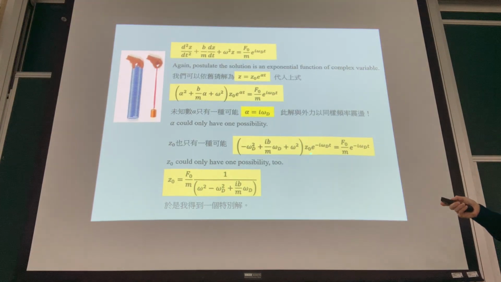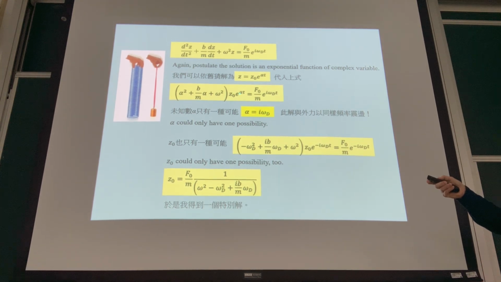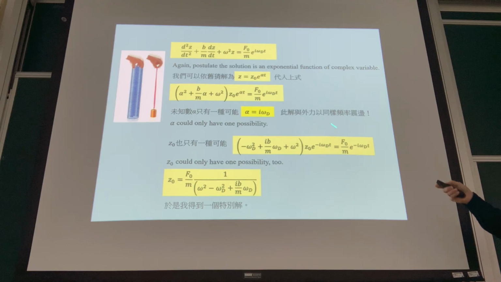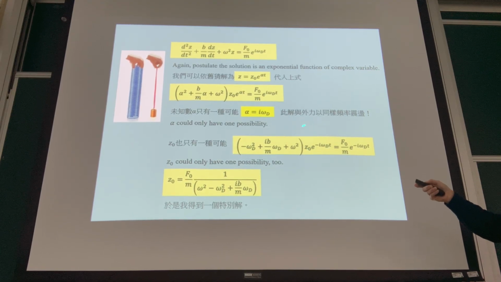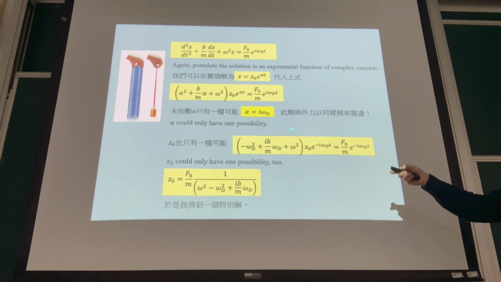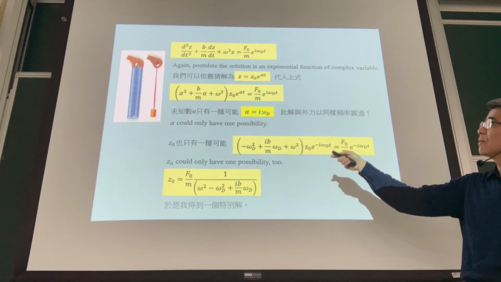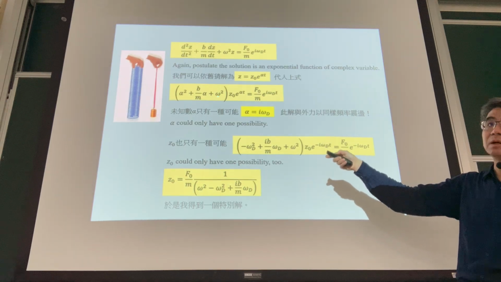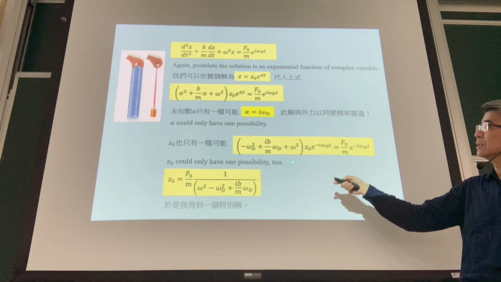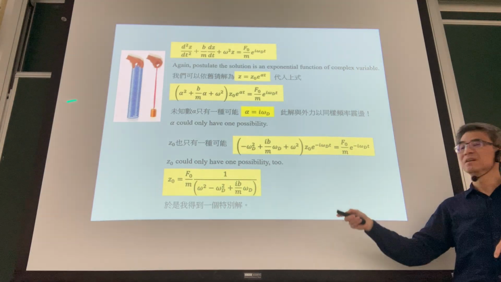Because you can see that if alpha has only this solution, so this equals this equals this, we cancel out, and z0 will be equal to this divided by the whole, and in alpha we plug in alpha equal to I omega d. So the term in the parentheses will be written in this way, and take it to the right-hand side, we solve z0.